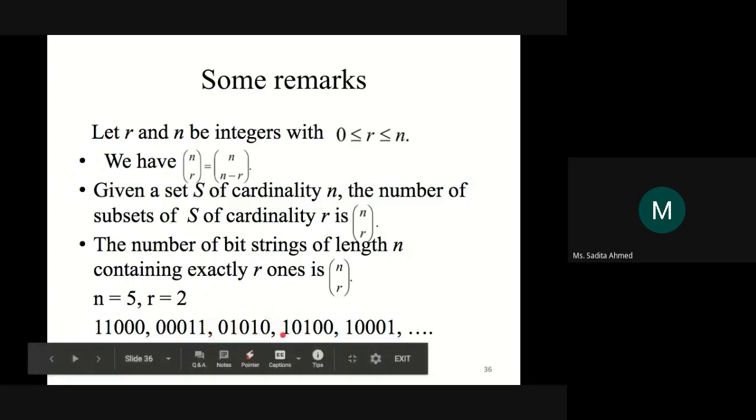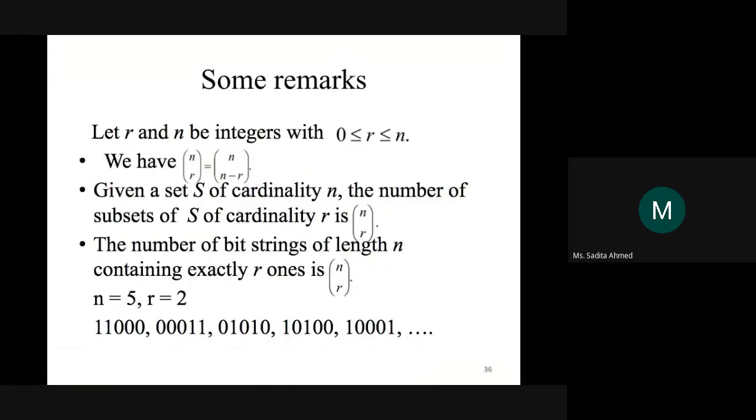So every time you're selecting positions. You have 5 positions in total and you're selecting 2 positions out of those 5. Every new combination of these 2 positions from the 5 choices gives you a new bit string.